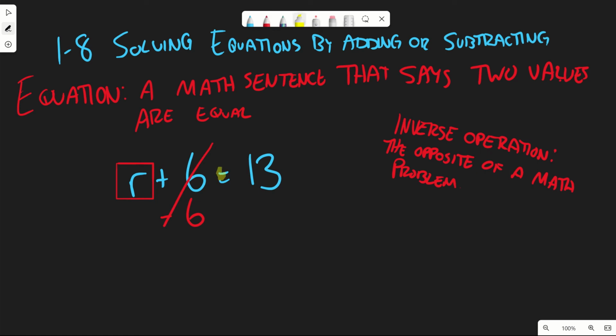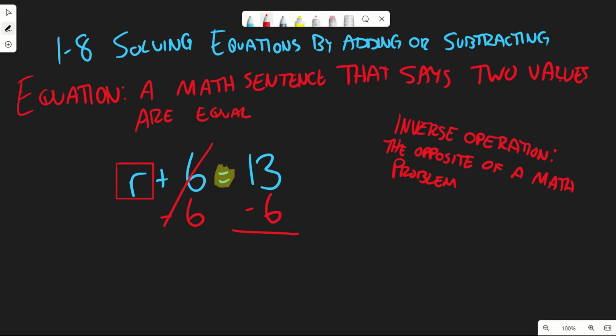But because I know that these two values are equal to each other, since I do one thing to one side of my equation, I have to do the same thing to the other side of my equation. Because it is equal. Equal means you do something to both sides the same.